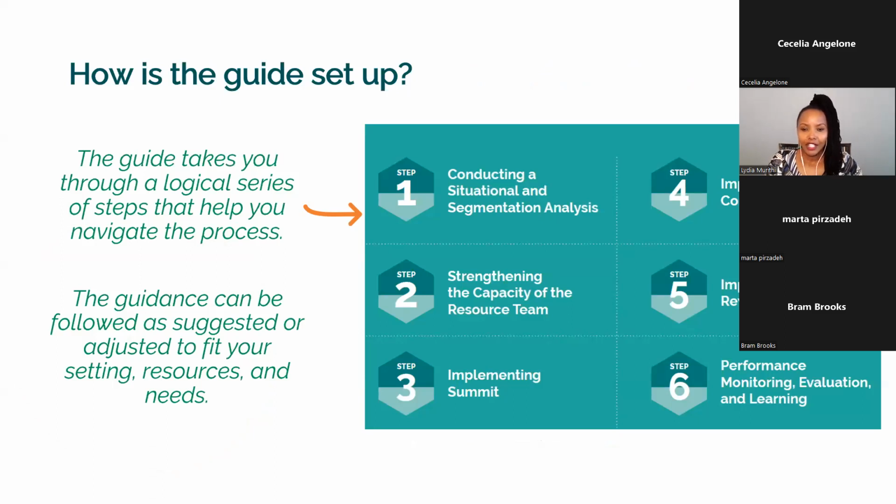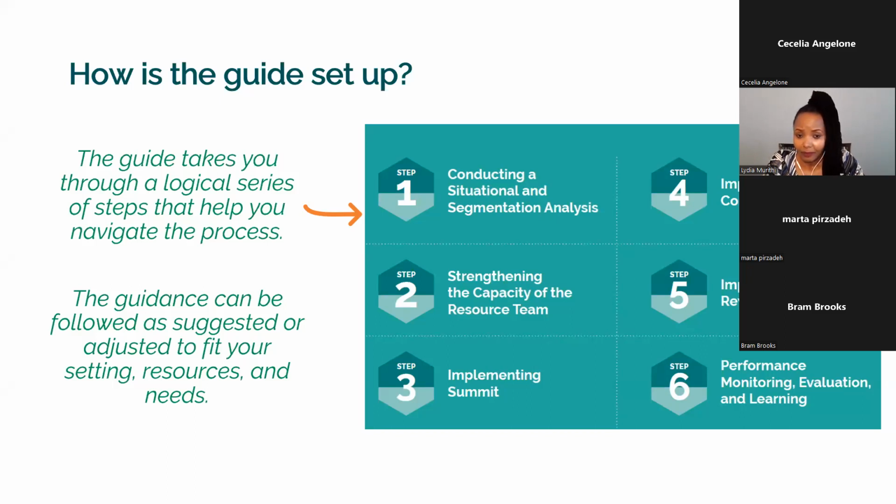The guide takes you through a series of logical steps to help you navigate through the implementation process. But please note that our intention was to be descriptive rather than prescriptive for the most part. So once you understand what each step entails, then you can use your own judgment to make the necessary adjustments to suit your given situation or context.